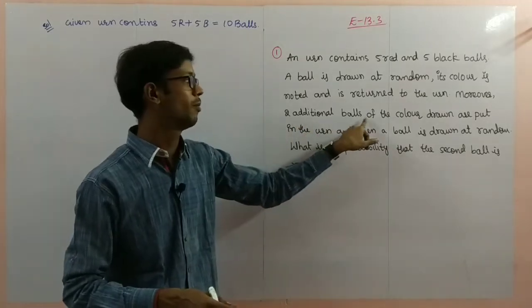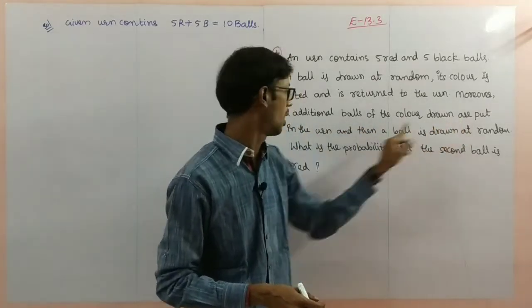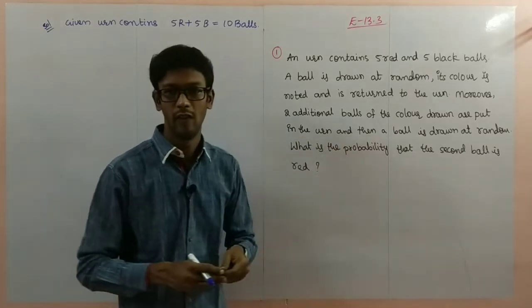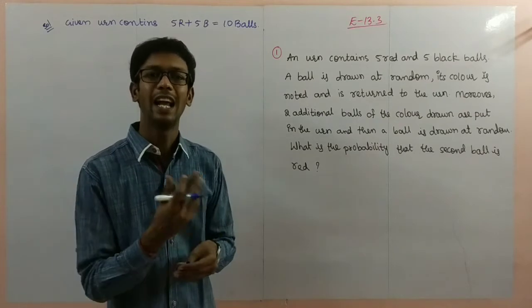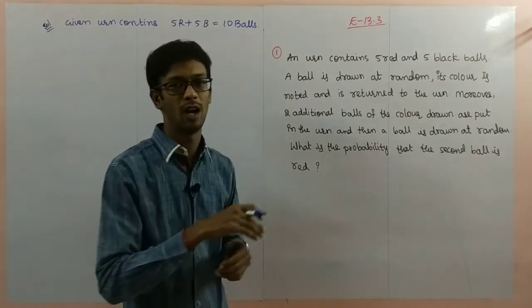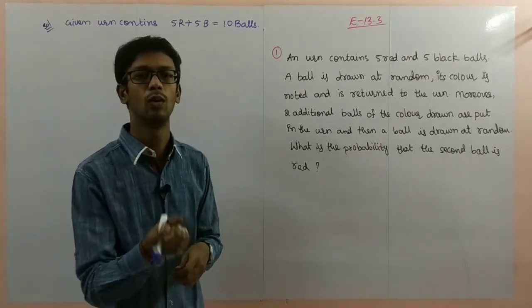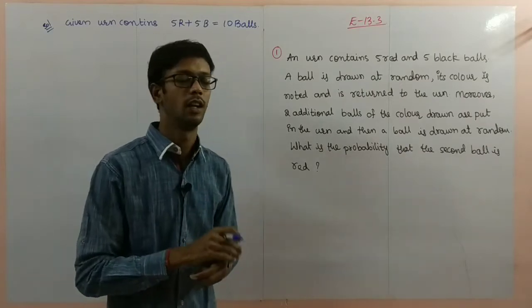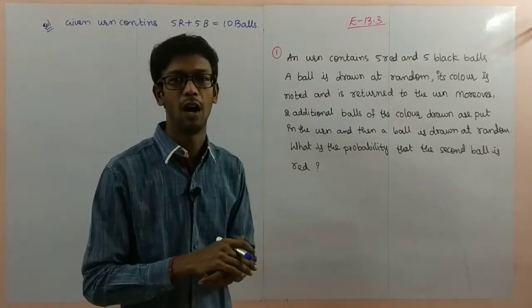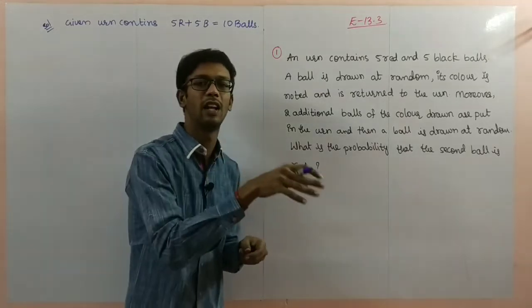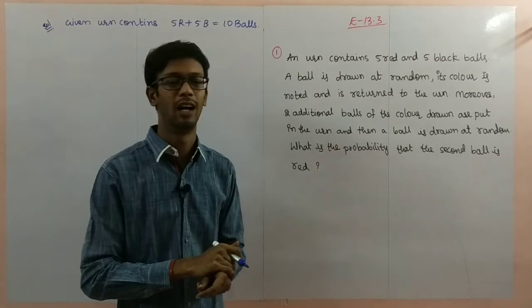Moreover, 2 additional balls of the color drawn are put in the urn. That means, if I am getting a red ball the first time, again I am putting 2 red balls in that bag. If I am taking a black ball the first time, again I am keeping 2 black balls in that urn.